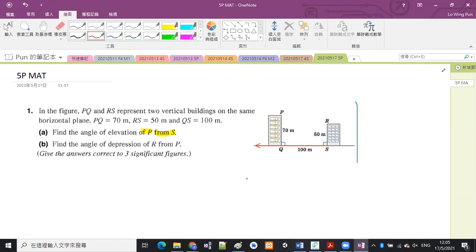Okay, so I have drawn an arrow from S pointing to the left. Because the point I want to look at, point P, is on the left side of point S, so it should be pointing to the left, and then to the horizontal first. Then, because point S wants to look at point P, the eyesight should be turning upwards until the eyesight line is pointing towards point P. So that is like this.